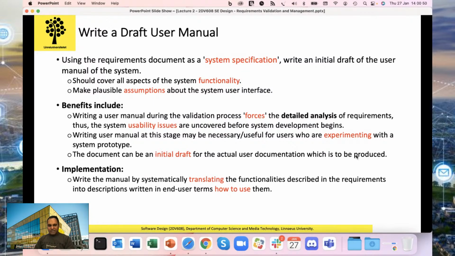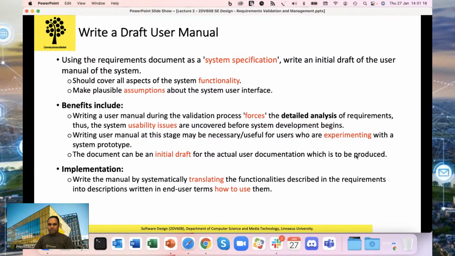And this can be achieved by basically translating the functionalities in your requirements document into how we can use that functionality or how we can perform that functionality. Of course, the person who is writing this user manual should make some plausible assumptions or some imaginary actions.